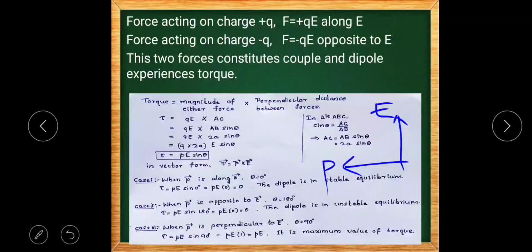Sin 90 degree equal to 1. So PE into 1 equal to PE. This is the maximum value of torque. From these three cases, we can conclude that when the dipole aligns perpendicular to the direction of the electric field, it experiences maximum torque. Suppose it aligns along the direction of the electric field, then the torque will be 0.